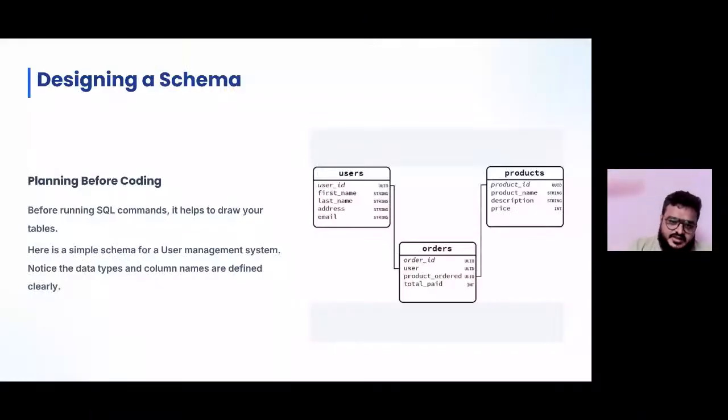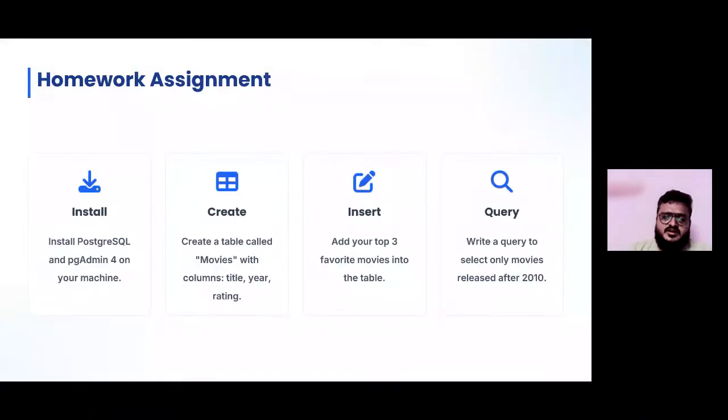So here is a small homework assignment. If you can install PostgreSQL in your system, then please do it, or you can use any online editors for SQL. There are many online editors.